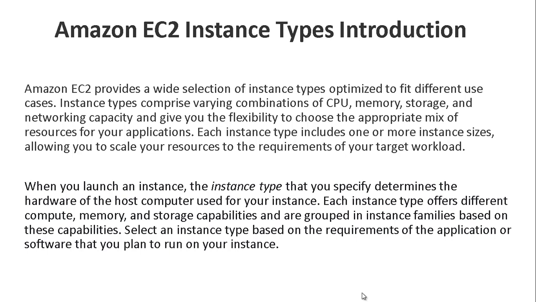Instance types comprise varying combinations of CPU, memory, storage and networking capacity, and give you the flexibility to choose the appropriate mix of resources for your applications. Each instance type includes one or more instance sizes, allowing you to scale your resources to the requirements of your target workload.